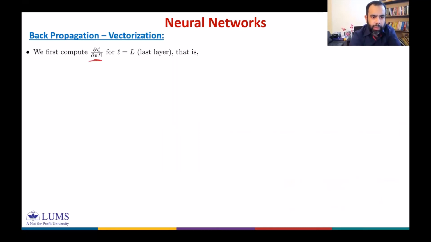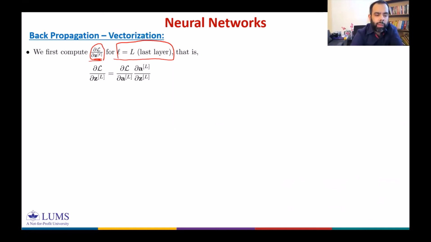We want to compute this for every layer, small l, but we compute it first for the output layer, the final layer. The partial derivative of the loss function with respect to the pre-activation output of the last layer would be the derivative of loss with respect to output, and the derivative of activation output with respect to pre-activation output, A over Z.